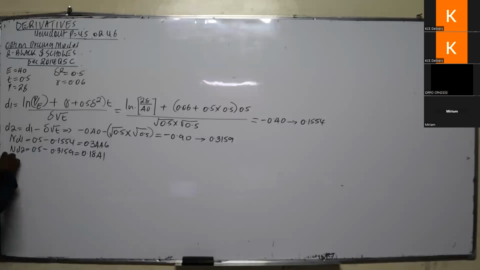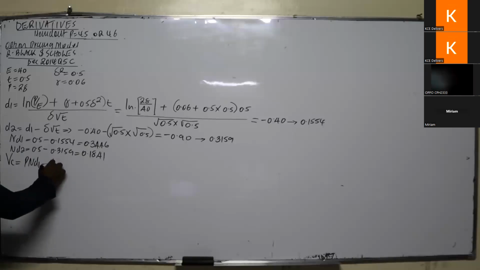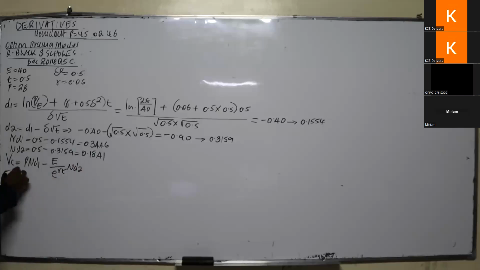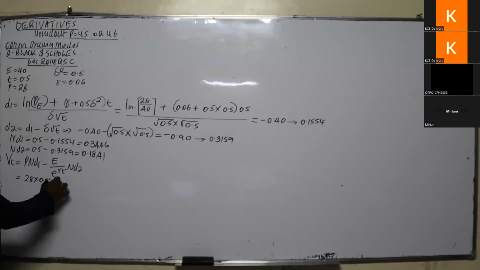Easy mathematics. Value of the call is P times ND1 minus the exercise price E times e to the power negative RT times ND2. P is 28, ND1 is 0.3446.